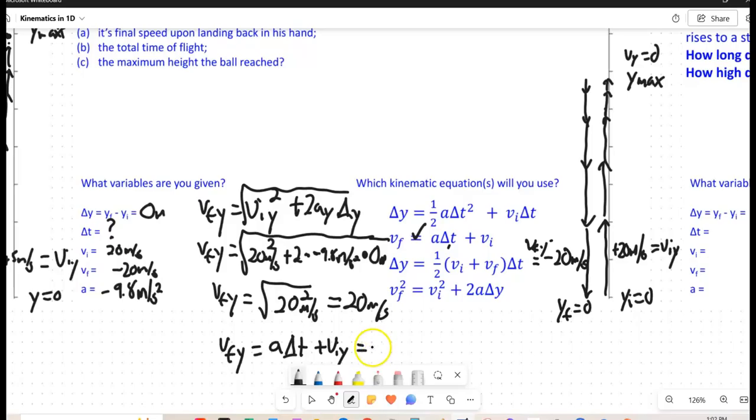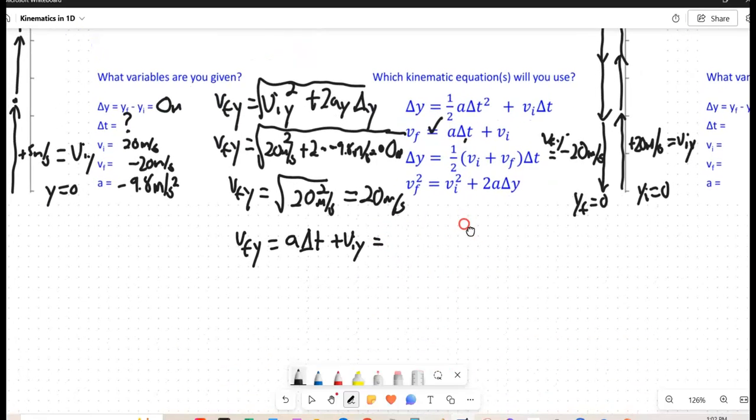We're going to subtract the initial velocity onto the other side, and then divide both sides by the acceleration. When we do that, we're going to get this to get the time.